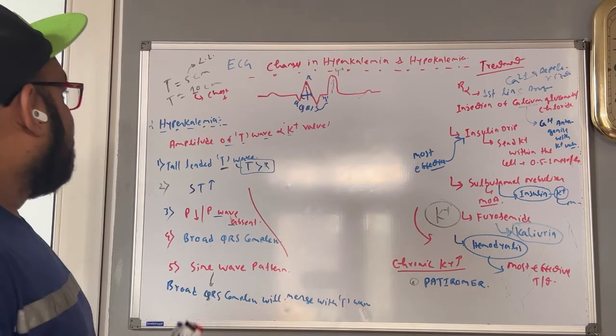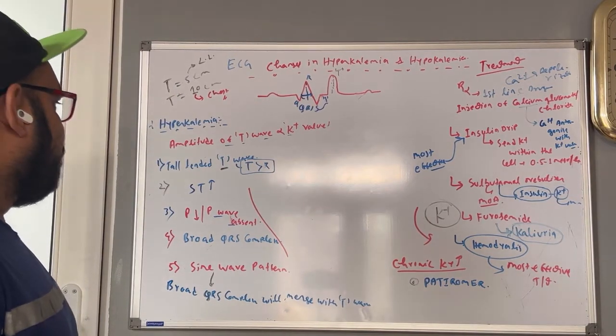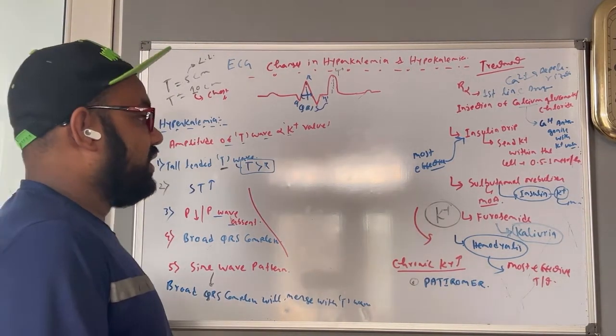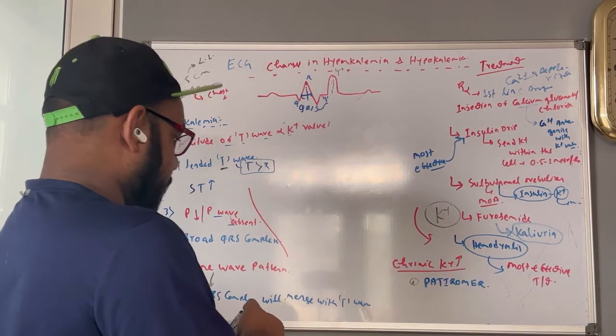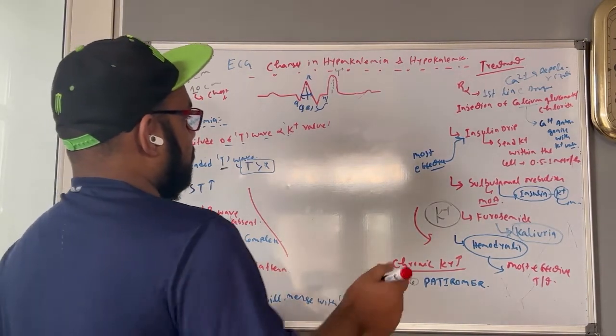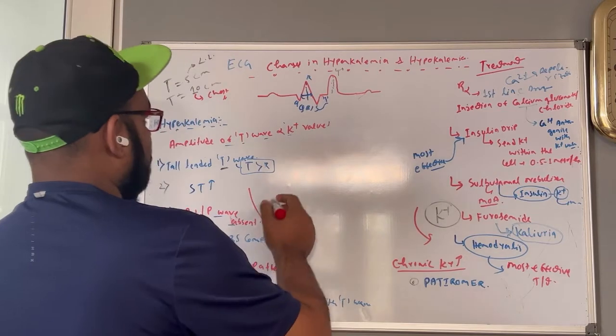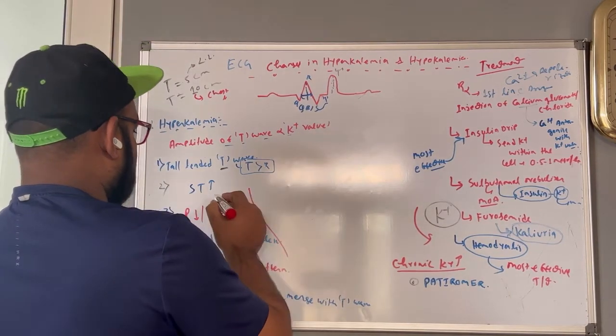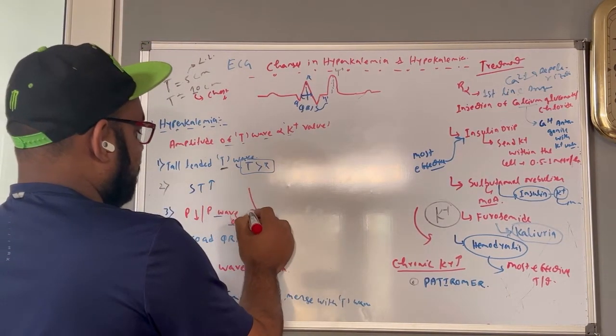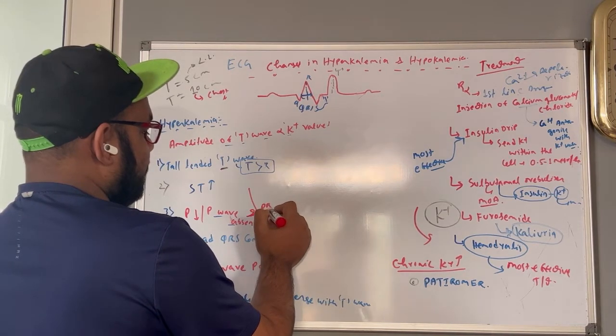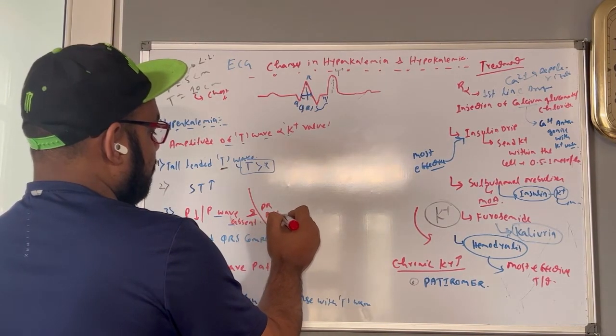Now this is all about hyperkalemia. Now let's talk a few words about hypokalemia. What are the things we'll get in terms of hypokalemia? As I said over here, one more thing: yes, here we'll also get the prolonged PR interval.